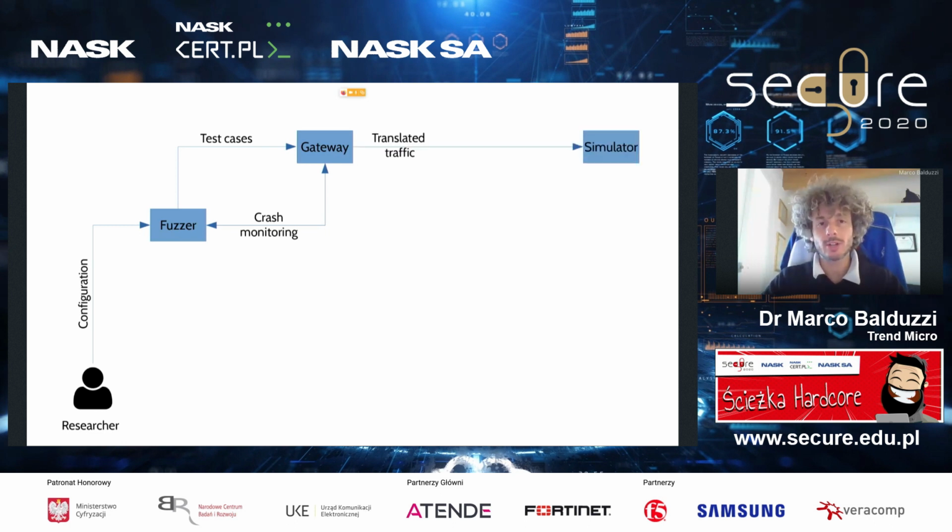And what the gateway does, it translates the inbound test cases into the translated traffic down to a simulator. So that's also very important. So the simulator, for example, could be a simulated PLC, if you are translating from a master down to a slave, or it could be, for example, a controller if you want to see the translation from the slave down to the master.